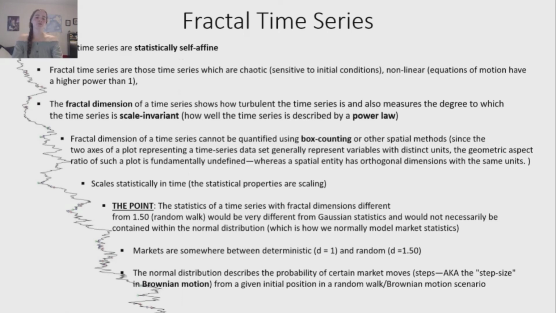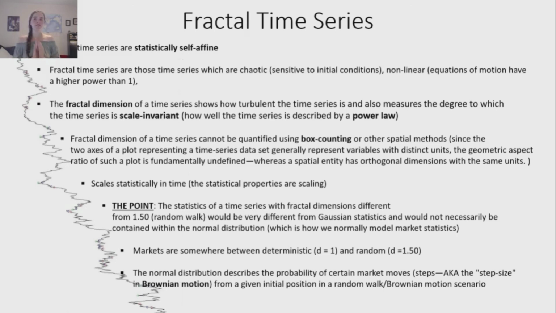Finally, the normal distribution describes the probability of certain market moves. So steps, aka the step size in Brownian motion in a random walk, from a given initial position in a random walk Brownian motion scenario. So the normal distribution describes the probability of certain market moves in our standard model.